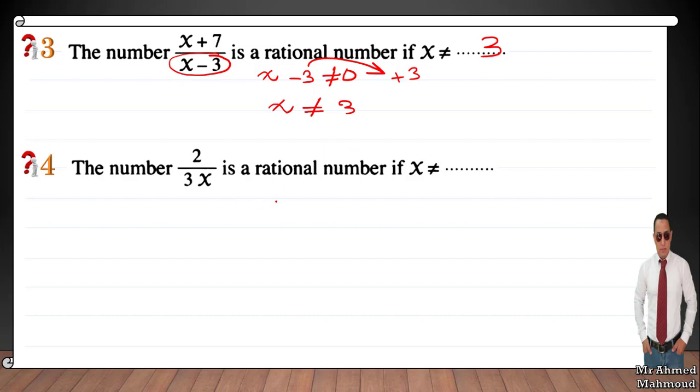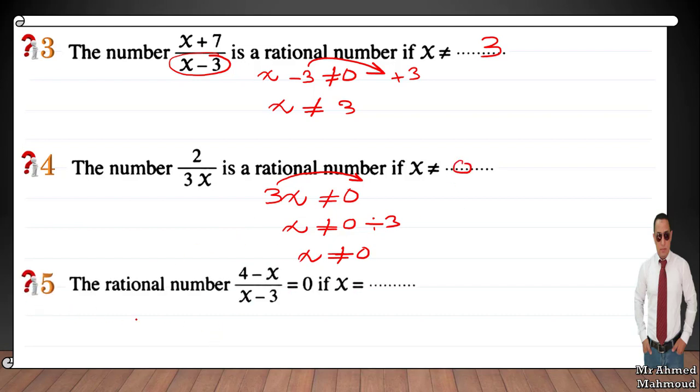For this number to be rational, 3x must not equal 0. 3x means 3 multiplied by x, so I'm going to send the 3 divided, so x doesn't equal 0 divided by 3, so x doesn't equal 0.